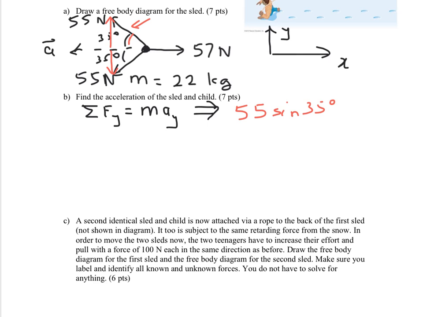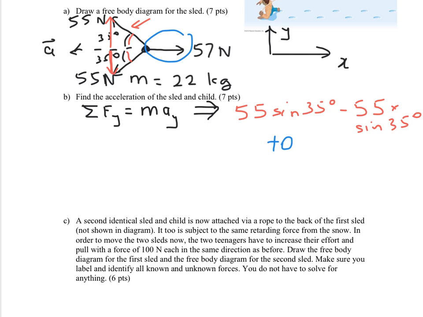And because it's pointing down, you add a negative, so it's minus, and it's the same magnitude, 55 newtons. It's a different force, but the magnitude is the same. And once again, the angle is 35, and it is also opposite, so it is also a sine. So multiply by sine 35 degrees.